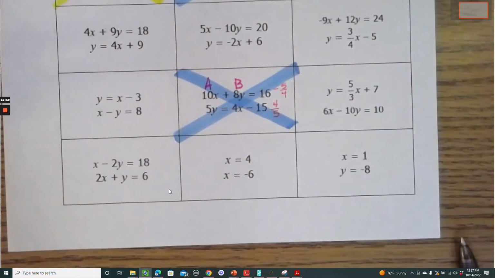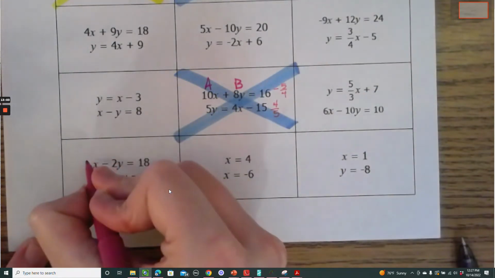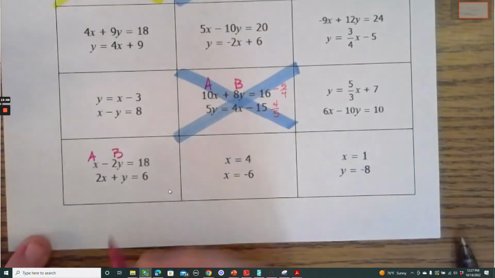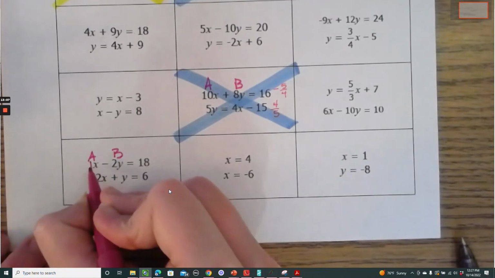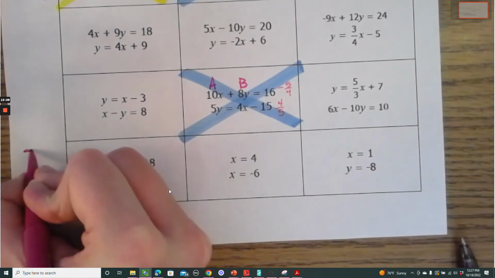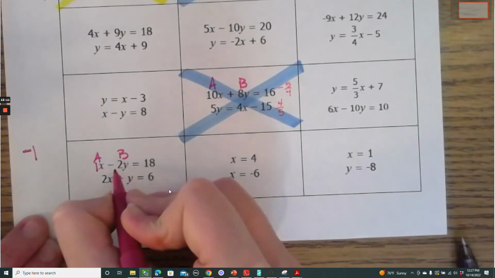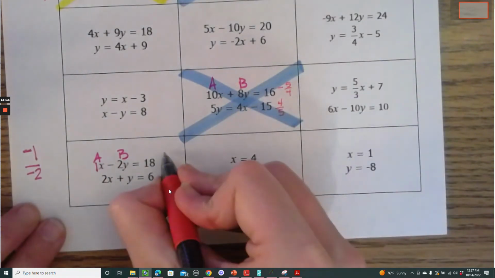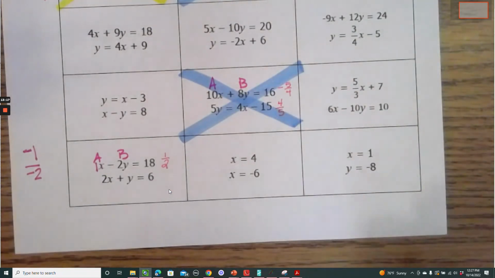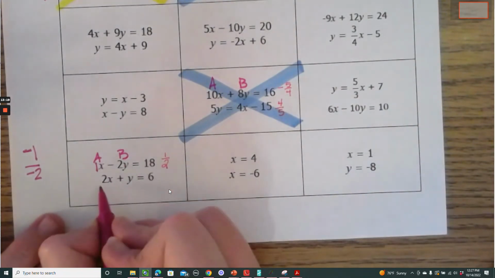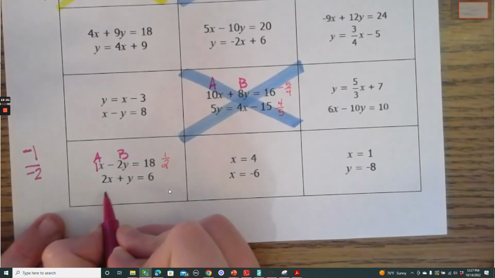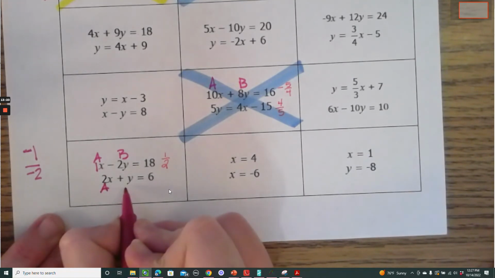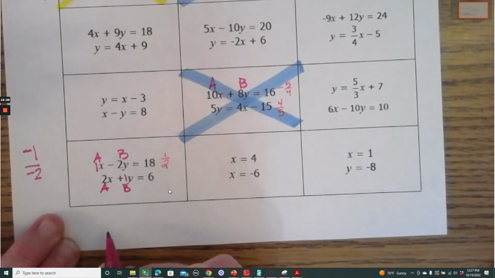x minus 2y equals 18. So this is the A, this is the B. So A is a 1, but remember negative A over B. B is a negative 2. That simplifies to 1 over 2. Wait, they said we flipped it. No. 2 was already negative, right? No. A and B. So here it's a 1.